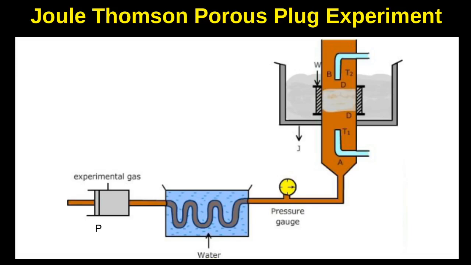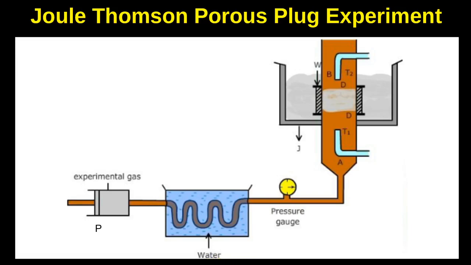Next, the fall in temperature is directly proportional to the difference in pressure on the two sides of the porous plug. Fourth, the fall in temperature for a given difference of pressure decreases with rise in the initial temperature of the gas.